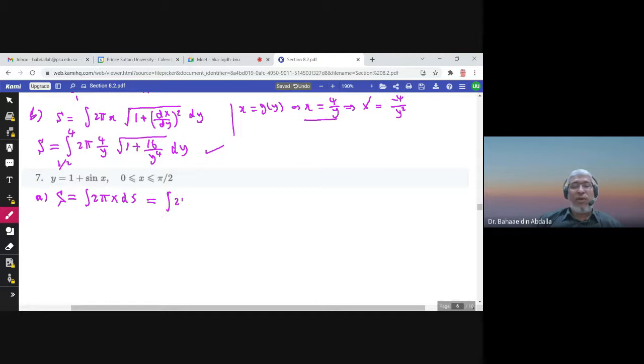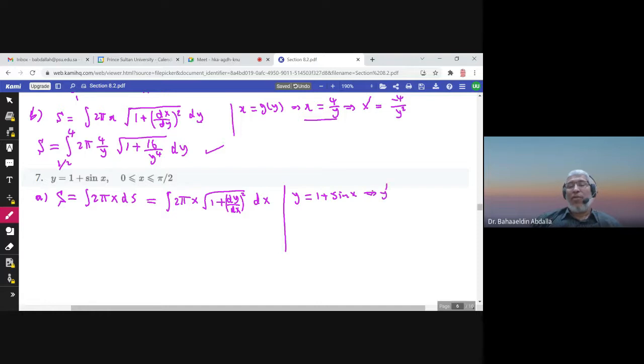So in the first part, I write ds in terms of dx. So I should have 1 plus dy by dx to the power 2. Let me take dx out of the root. In this case, y has to be written as a function of x. Well, it is written, so that's good.